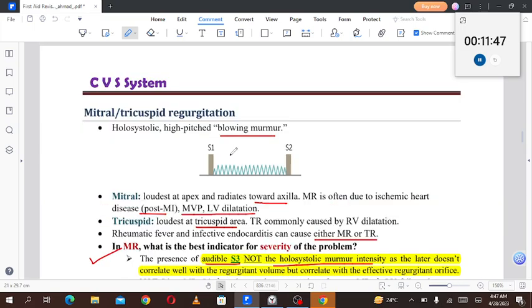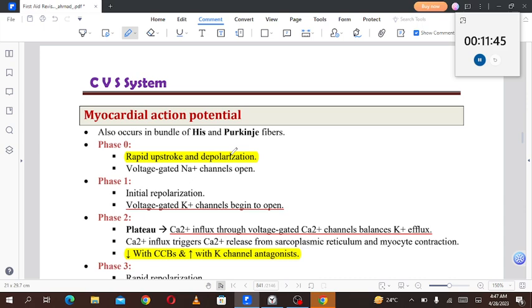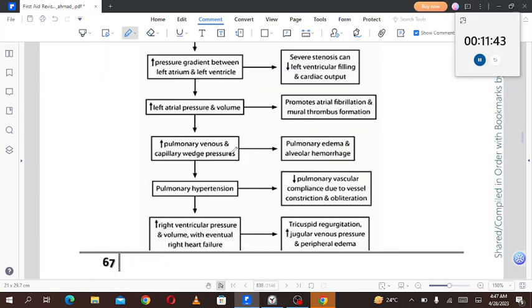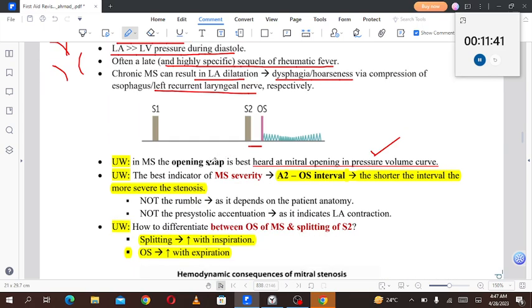Let's come back to that point of discussion. The UWorld point is that in mitral stenosis, the opening snap is best heard at the mitral opening in the pressure volume curve. There is another UWorld point: the best indicator of mitral stenosis severity is the A2 to opening snap interval. To be very specific, the A2 component of the S2 sound to the opening snap interval will determine the severity.